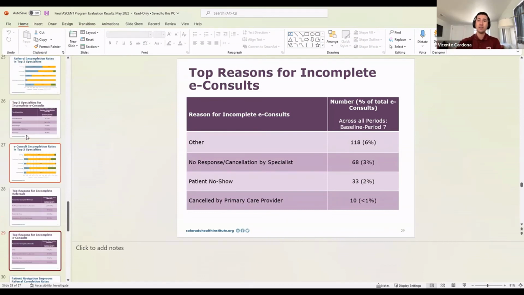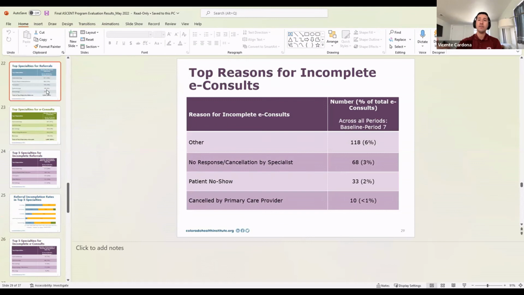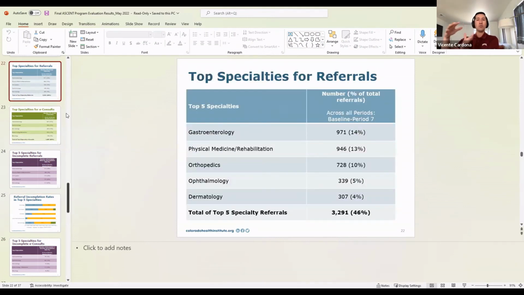But to your point, in terms of the education, I think that's why one of the pillars we're trying to advocate for is that patient navigator to say, here's how to word things a little bit differently. We can train people on how to communicate with physicians and specialists.